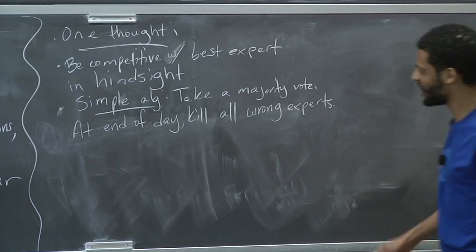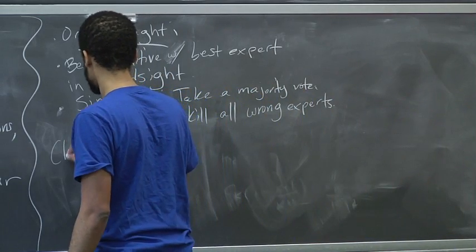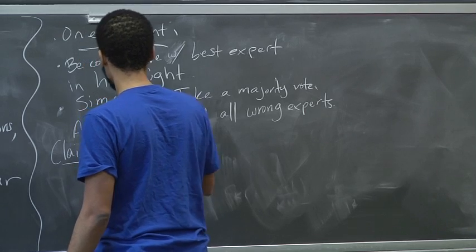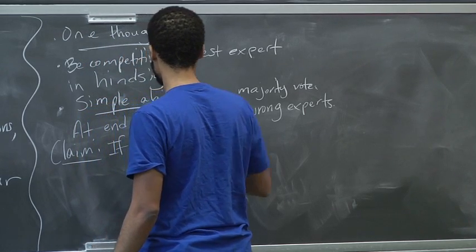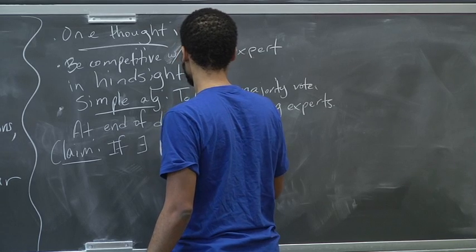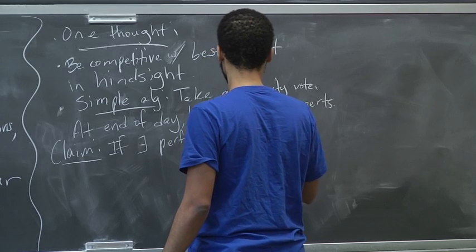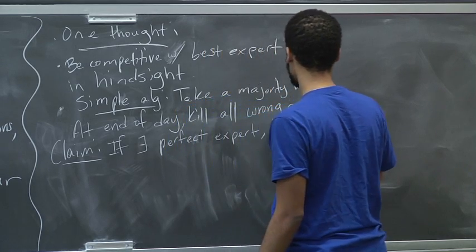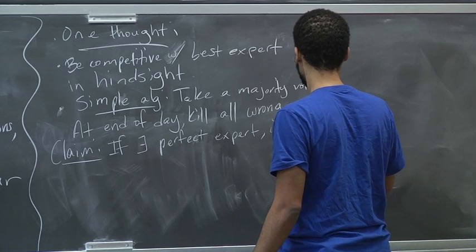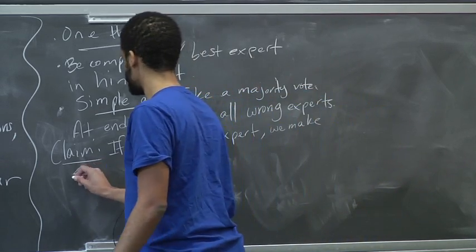Okay, so the claim is that if there exists a perfect expert, then we make at most how many mistakes?